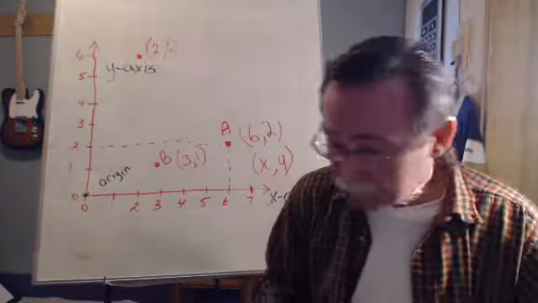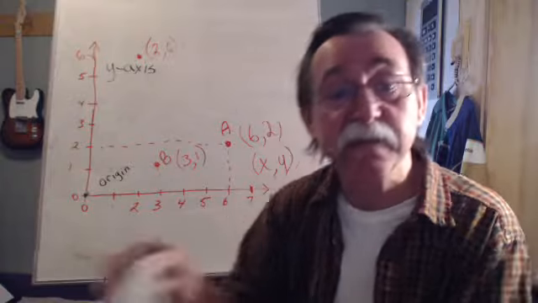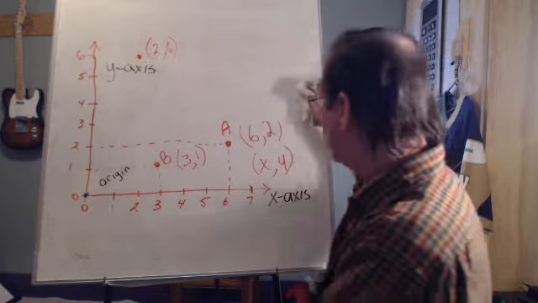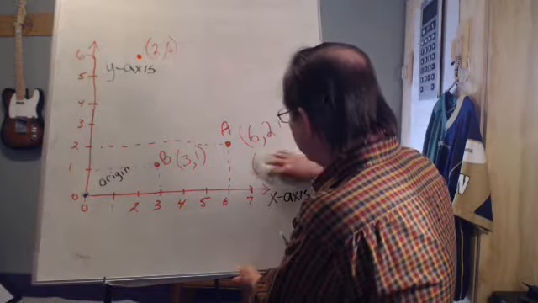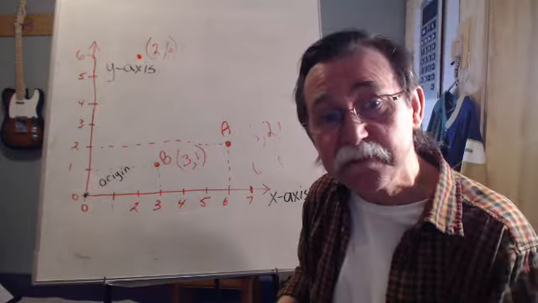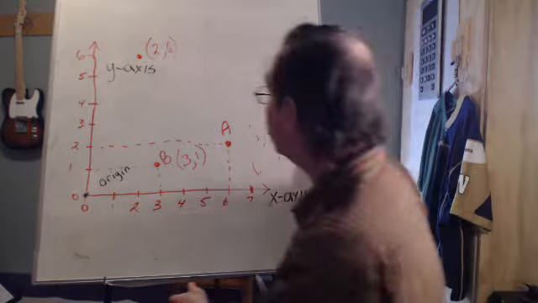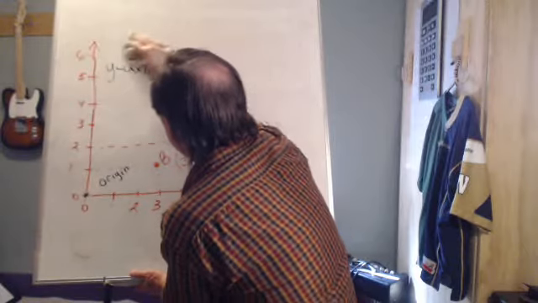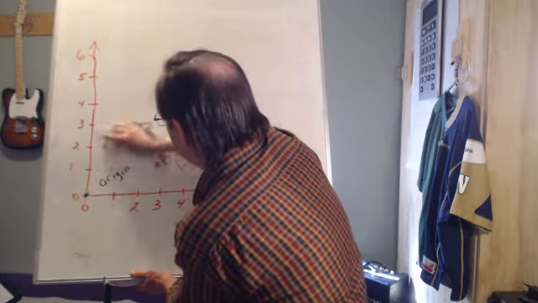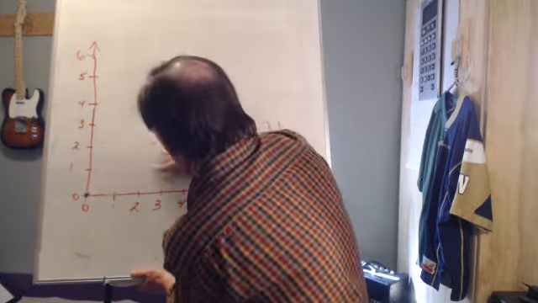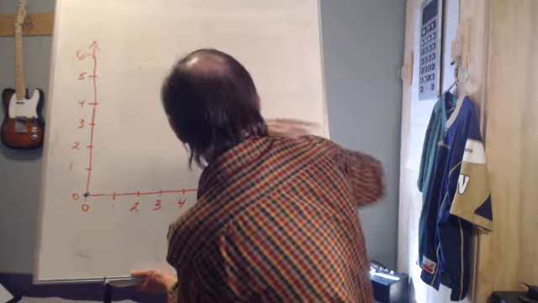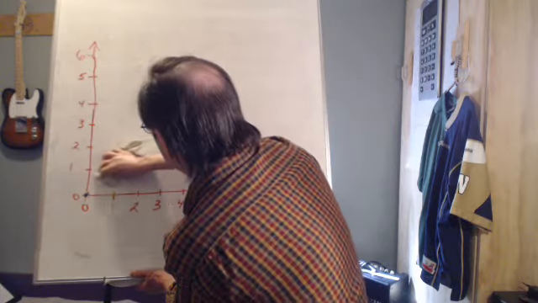Okay, so let's erase these values, and I'm going to get you to try and describe the locations, or the coordinates, of these points. I'll take all this off. I'll give each point a name.